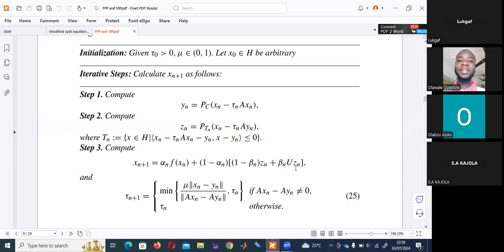To show that the sequence is asymptotic implies that the norm of x_{n+1} minus x_n goes to 0 as n goes to infinity. That's what it means. It's not x_{n+1} minus x. That's wrong.